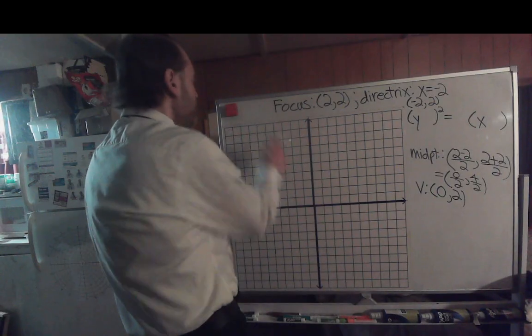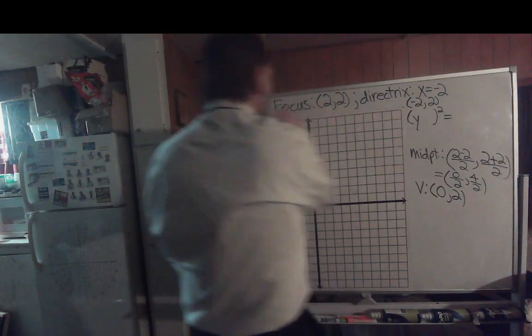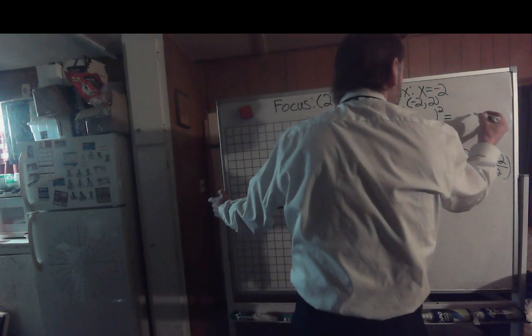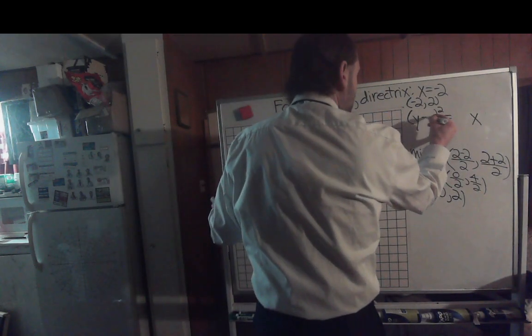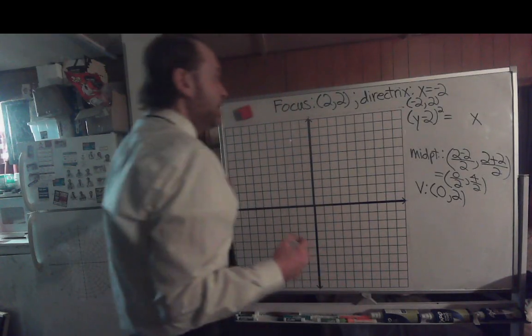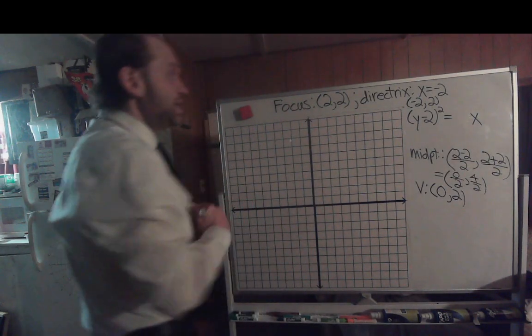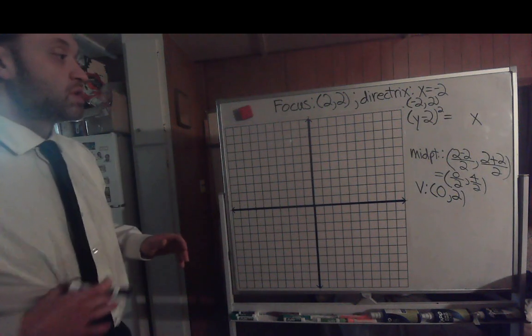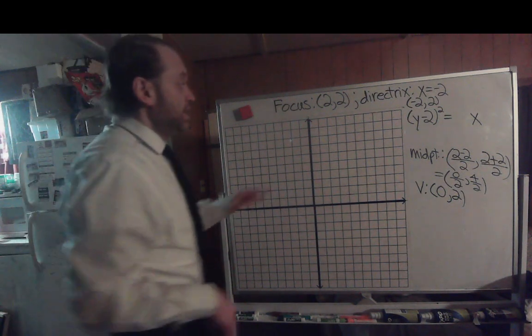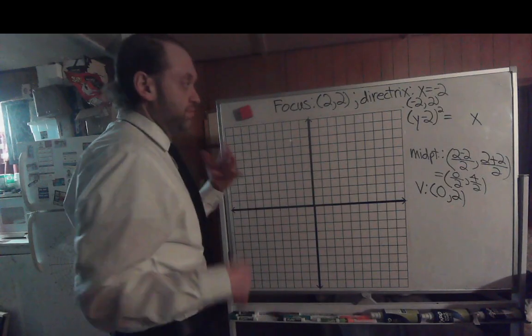So really, we don't even have to do parentheses with the x minus something. If x is 0, it's just simply x. But the y would be y minus 2. Now, we need to figure out the p. It's easier to use the focus to figure out your p.